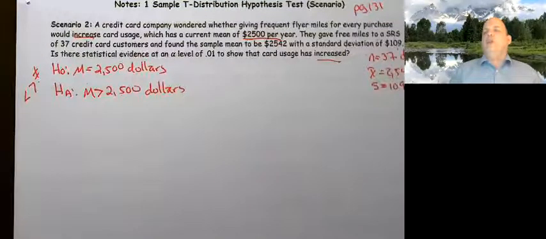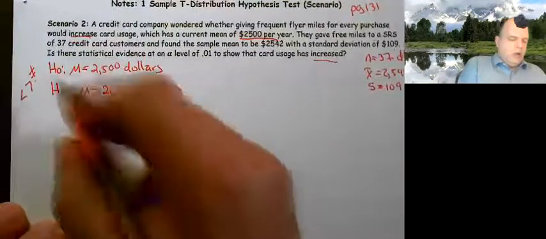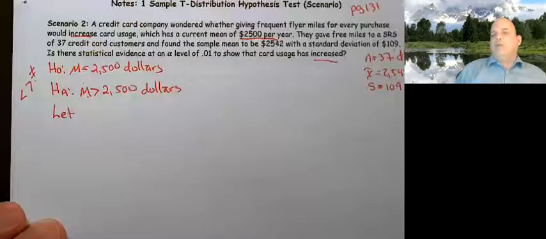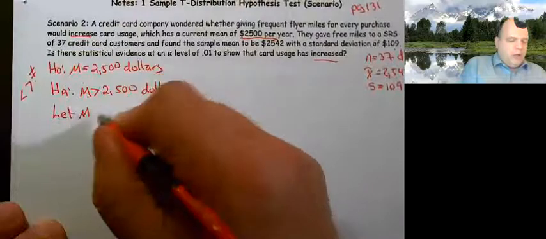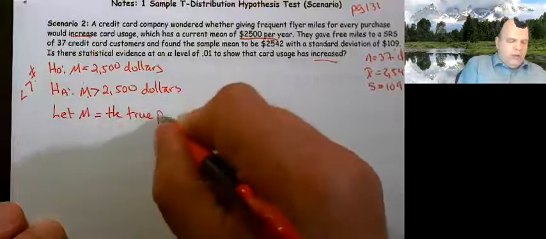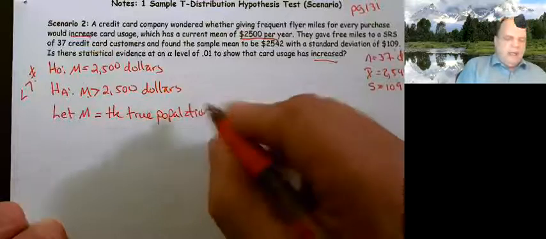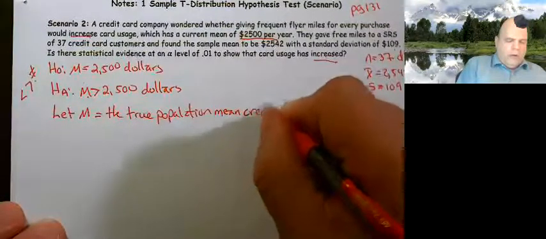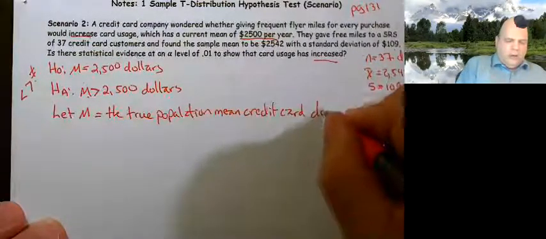So the next thing we need to do is define our population parameter mu. So let mu, and by the way, that's supposed to be the Greek letter mu, not an M. I just don't make good mu's. Let mu equal the true population mean credit card dollar amount.